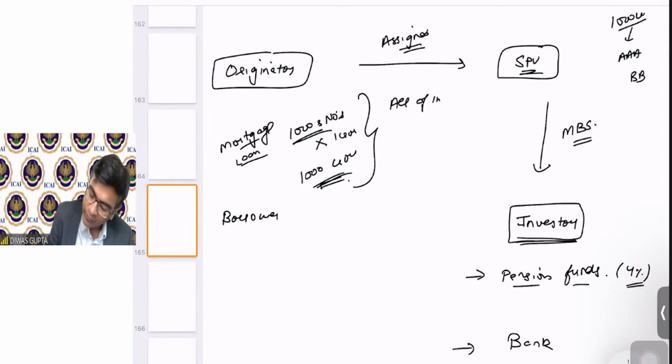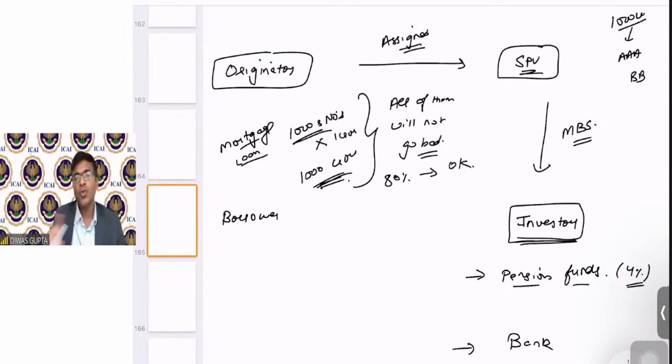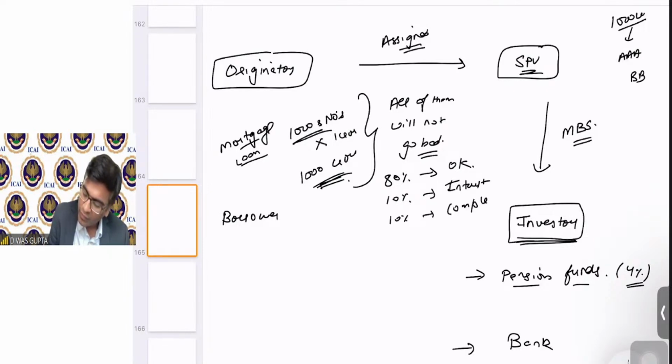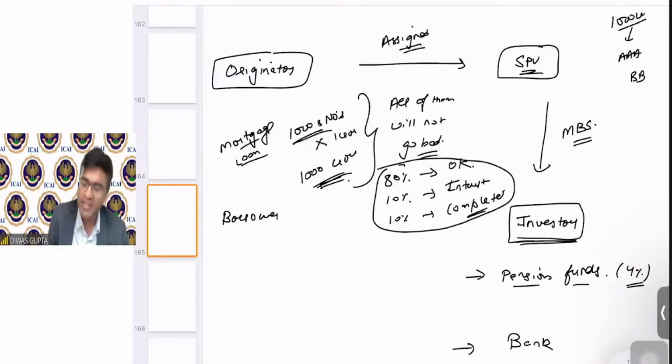Let's say 80% will be okay, there is no default on 80%. 10% might default on the interest but principal is secured, and another 10% there will be a complete default where interest as well as principal will not be recoverable.